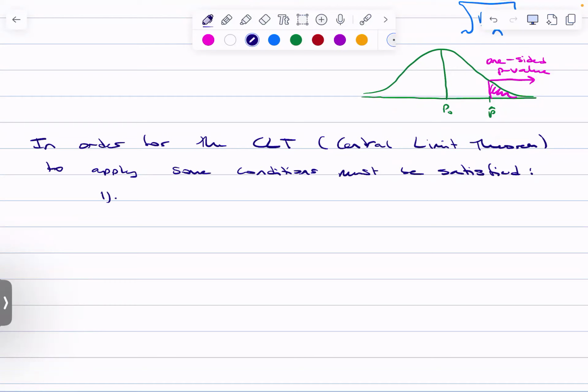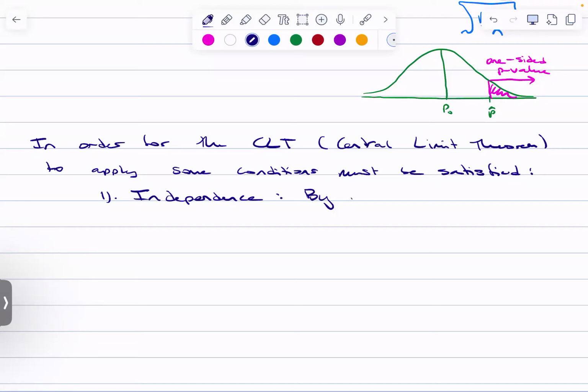One, independence. Independence. By randomly sampling, right, properly, right, we can assume that observations are independent of each other.